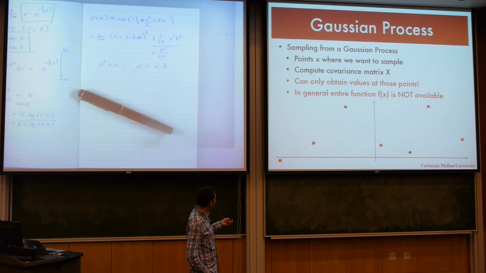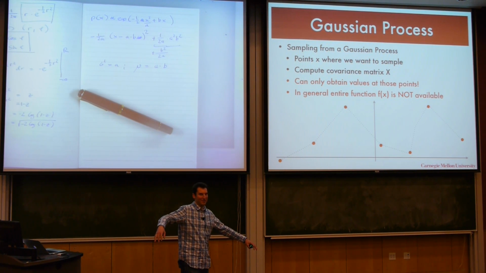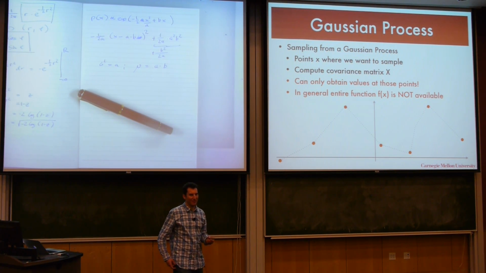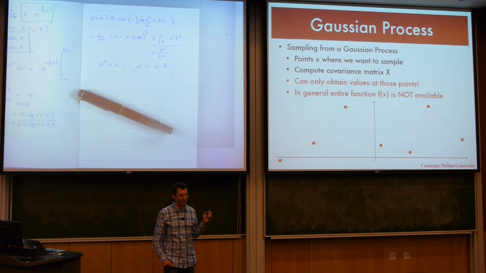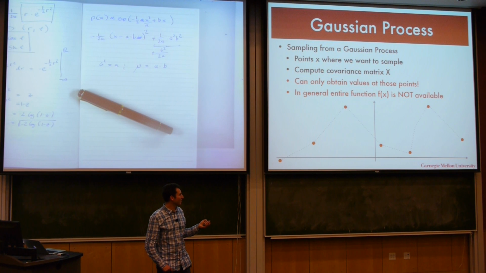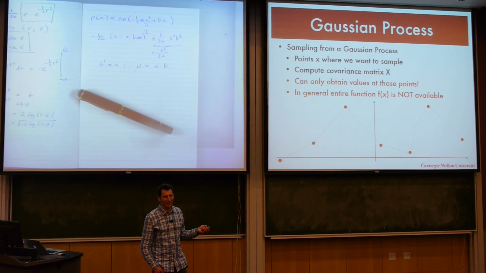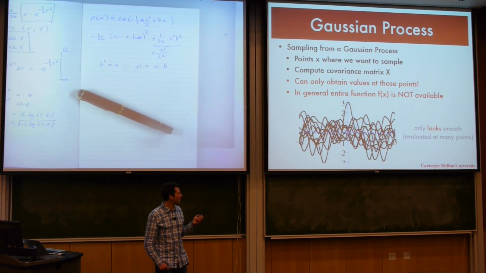So drawing a line between them might look sort of kind of reasonable, but it really isn't. So there are processes where whatever I get out of it is not smooth. So whenever people draw curves, and I'll be doing that too for a Gaussian process, keep in mind that this is only for looking at a lot of points and then drawing from it. So it's not quite the same.